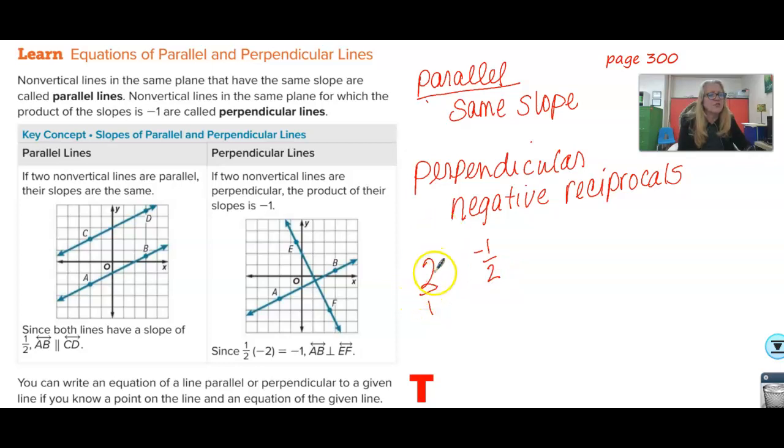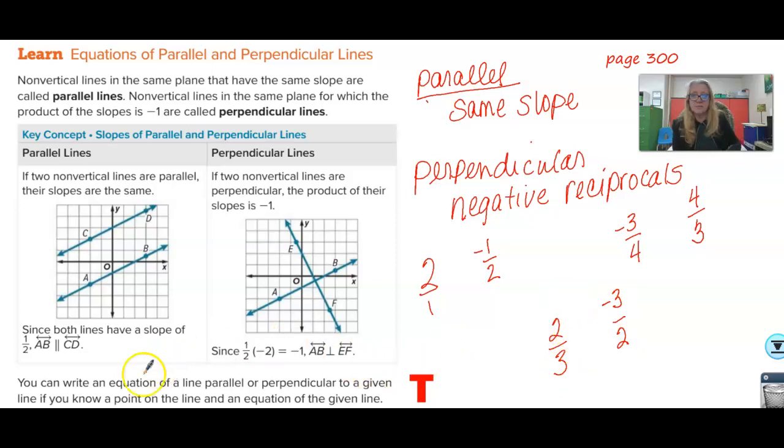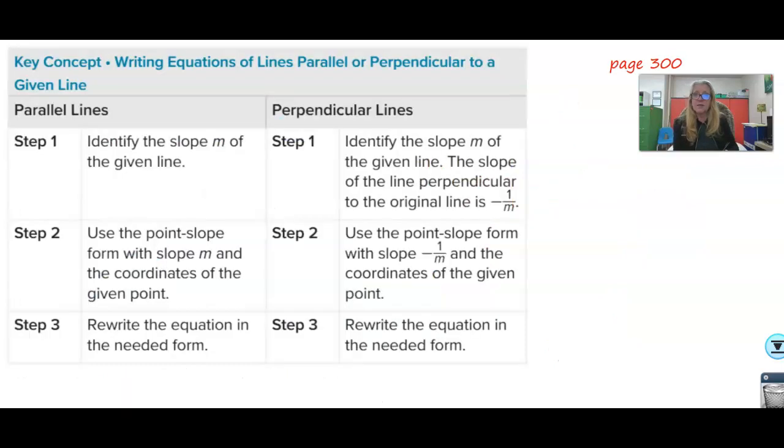You flip it and you change the sign. If you had a slope of negative 3/4, the perpendicular line will have a positive 4/3 slope. If you had a slope of 2/3, the perpendicular line will have a slope of negative 3/2. You flip them and you change the sign. That's basically what this page is telling you.